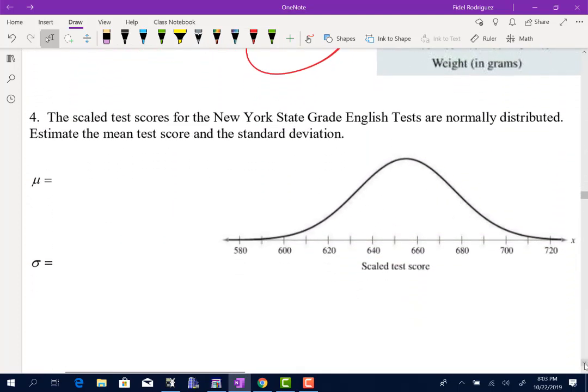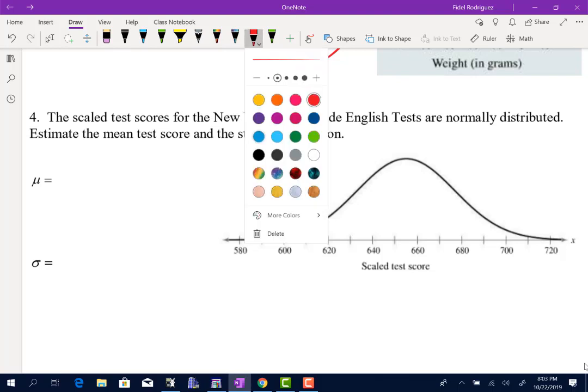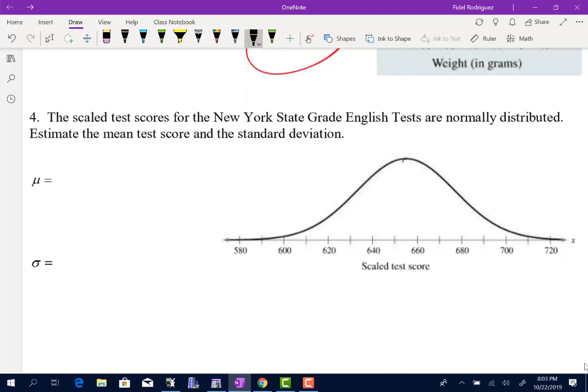Okay, so it says the scale scores for the New York State Grade English test are normally distributed. Excuse me, estimate the mean test score and the standard deviation. Okay, so I'm going to come back over here. I'm going to grab my pen, and we're going to come straight down here, trying to come as straight as possible. Okay, guys, let me ask you a question.